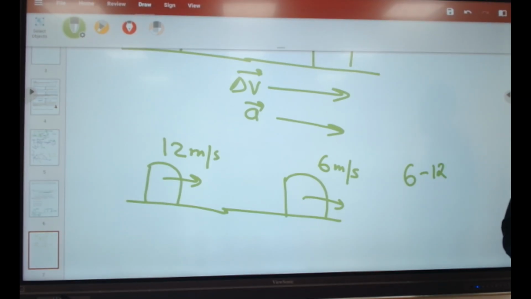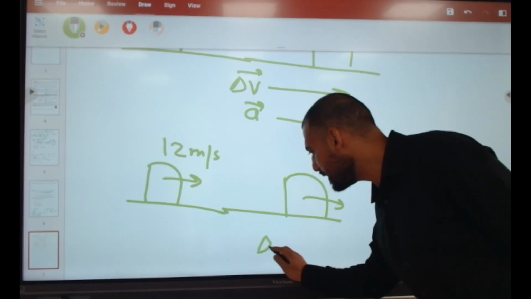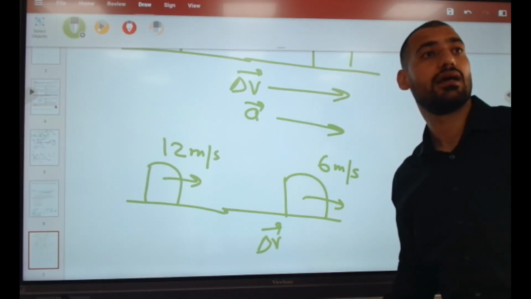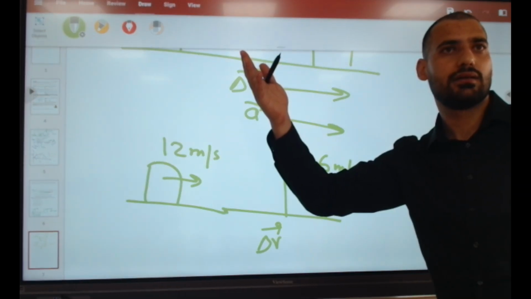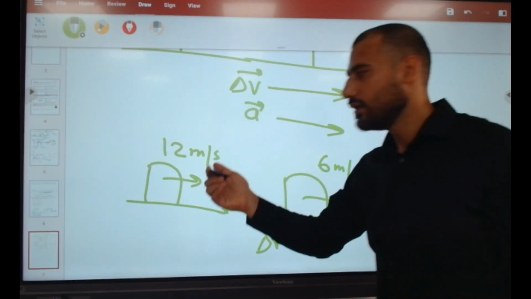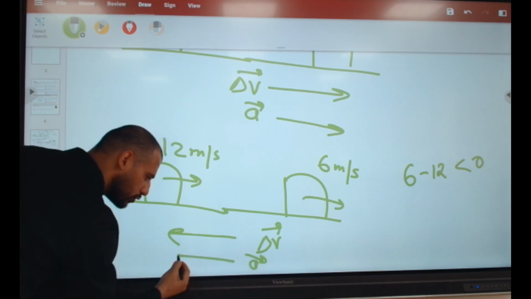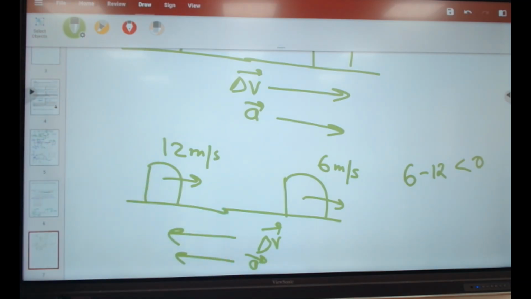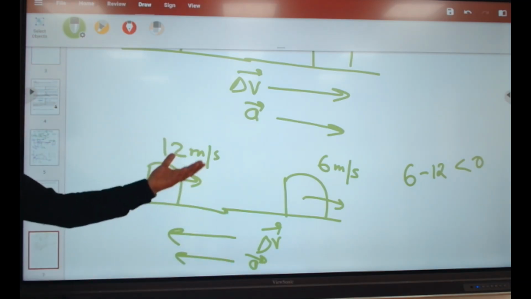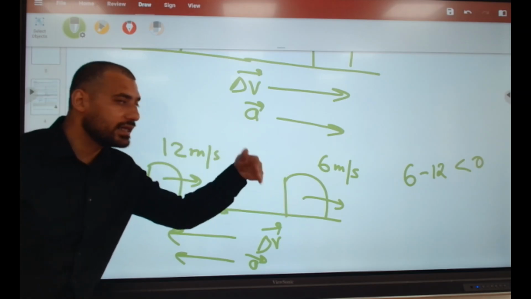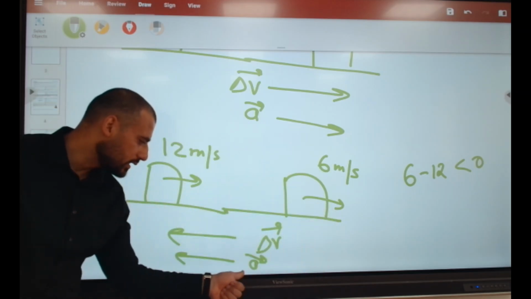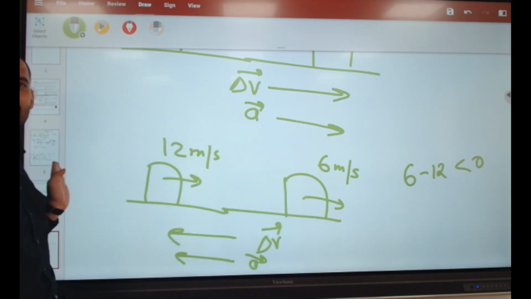Is that positive or negative? Negative. Negative means the direction of change in velocity is westwards. Is that clear? So westwards. That is why acceleration will also be westwards. Is that clear? That is how you can say when the body is speeding down, acceleration is against velocity.